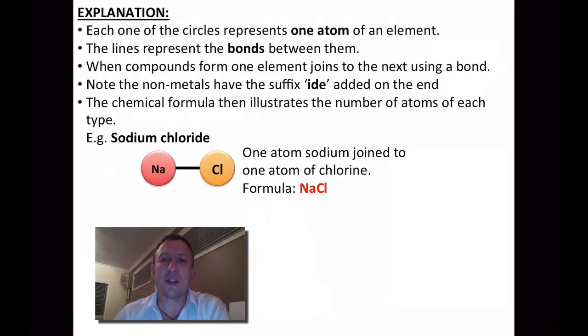Generally in this course we're going to keep it very simple, so you'll be able to pick up where the ides fit in with the nonmetals. Also, in the example below we've got one sodium atom and one chlorine atom. That's very important when we're looking at the formula, because when we write a formula, all it does is say how many atoms of each type we have.